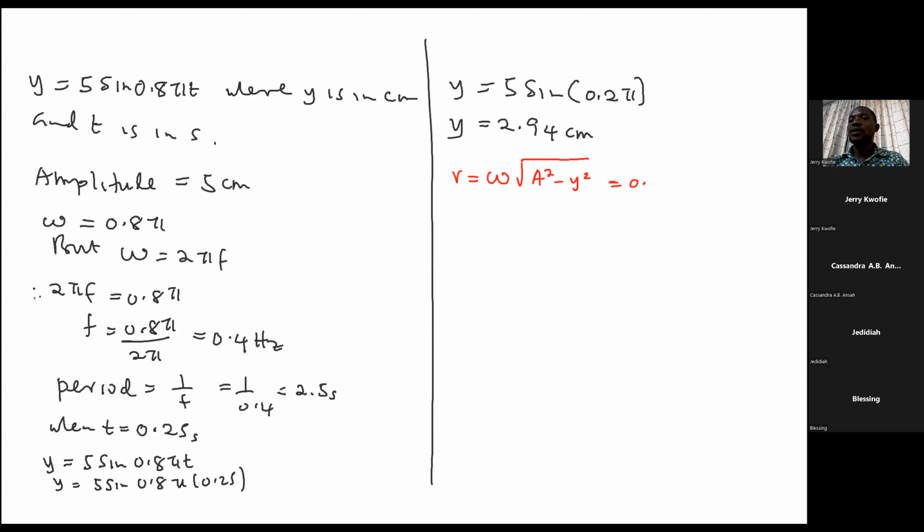So 0.8 pi root of, now the amplitude is 5, so we have 5 squared. And the displacement at that instant is 2.94. So we have 2.94 squared. Please use your calculators to evaluate the expression there.